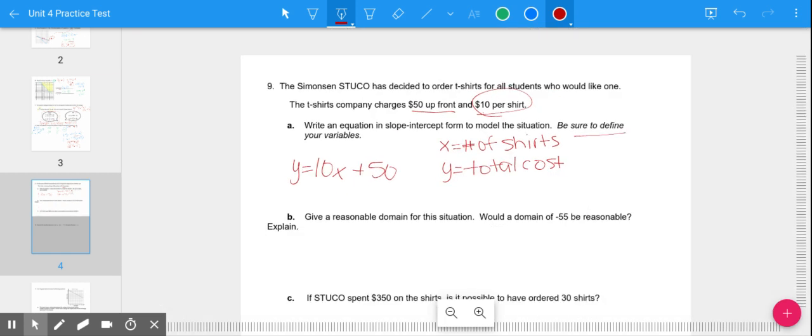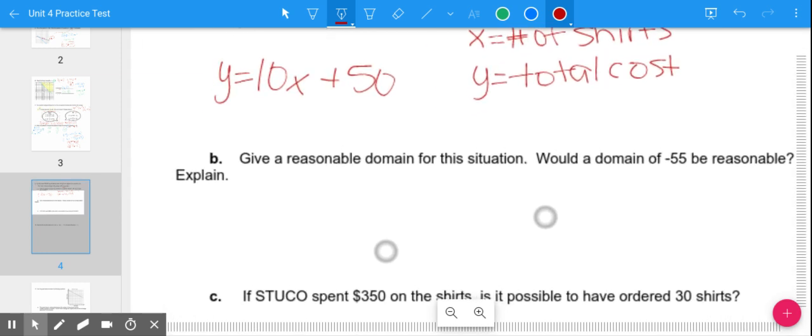Give a reasonable domain for this situation. A domain is your x value. So for x, you can have anything from 0 to 100 shirts. So it could be x is greater than or equal to 0. Would a domain of -55 be reasonable? So could you have a -55 number of shirts?